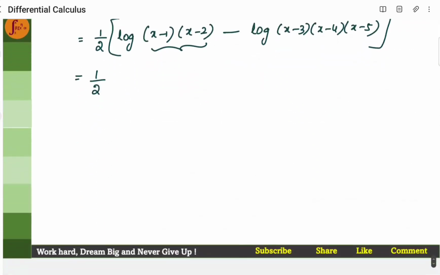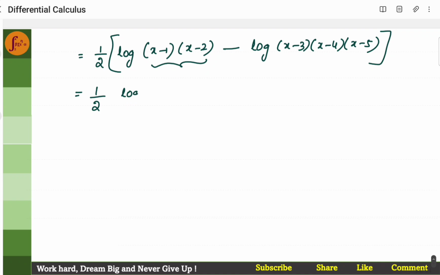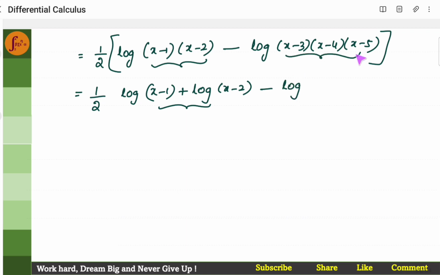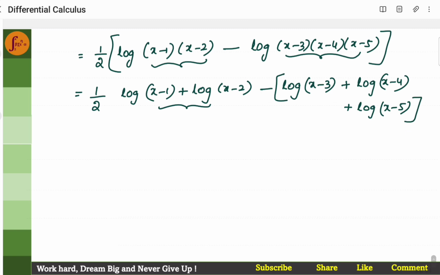So half into, I can write this as log of (x minus 1) plus log of (x minus 2). When you have a product and you apply log, you can write it in the form of addition. Now minus, similarly here also, it will be log of (x minus 3) plus log of (x minus 4) plus log of (x minus 5). Let me put this bracket, right? This half is there for this one also. This is nothing but log y.